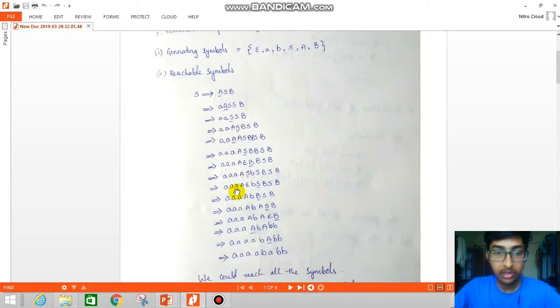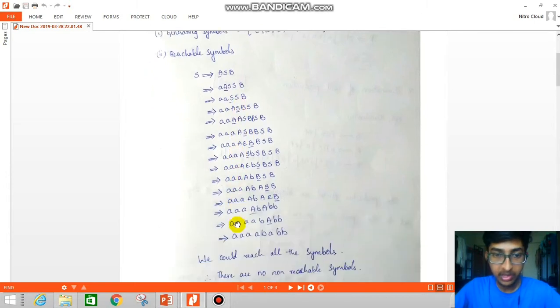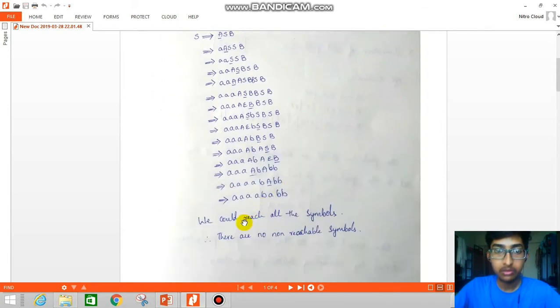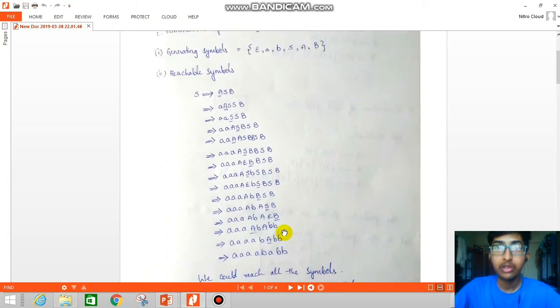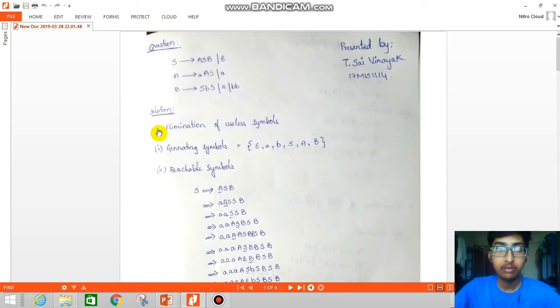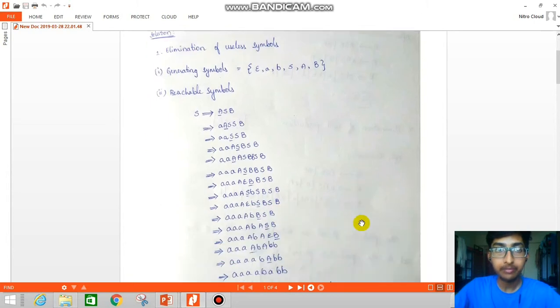So I have derived a string, which included all the production rules here. So we could reach all the symbols. So there are no non-reachable symbols here. All are reachable symbols. So we don't have any useless symbols, and we have completed the first part.